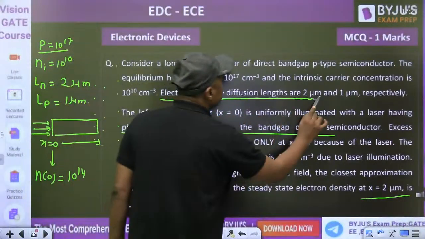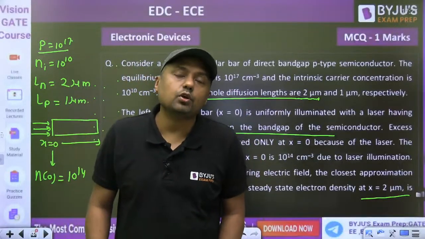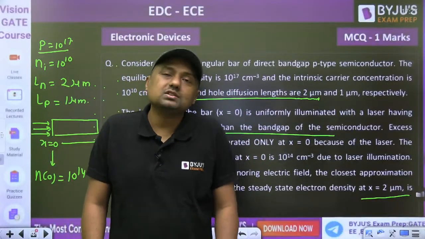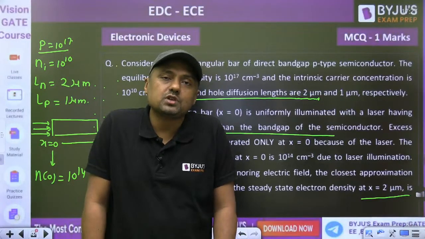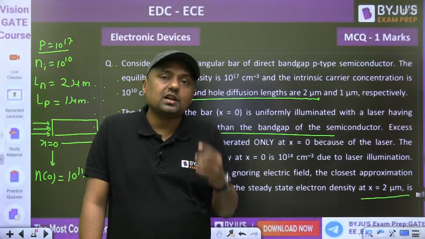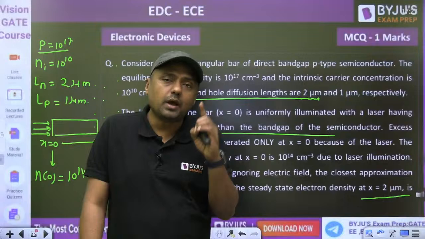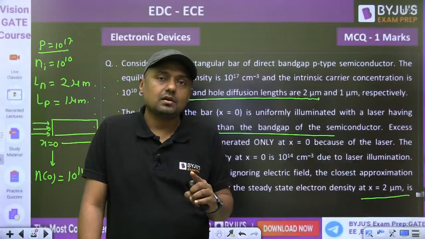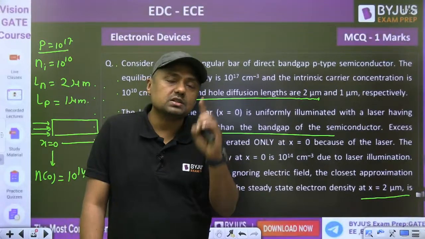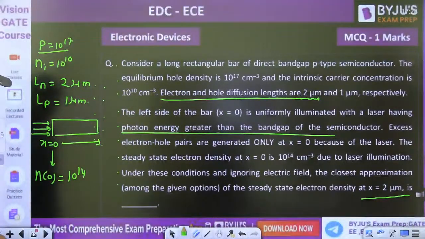Means you have to find the electron concentration exactly at the diffusion length of electron. So what is the definition of the diffusion length? A diffusion length is the length where the electron concentration will reduce by a factor of 1 by e of the concentration at x is equal to 0. Then directly you can solve this question within 10 seconds.